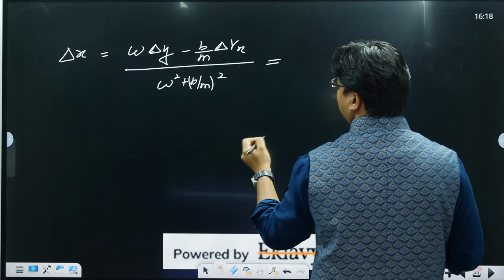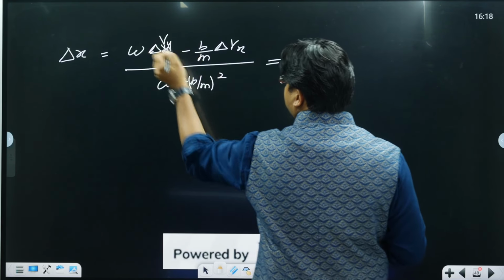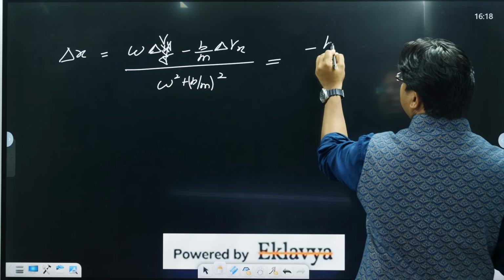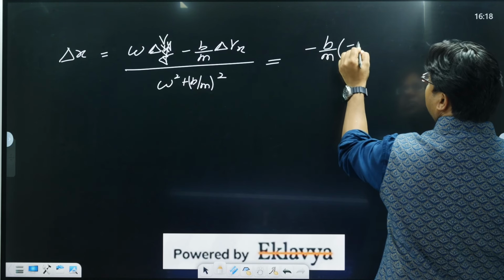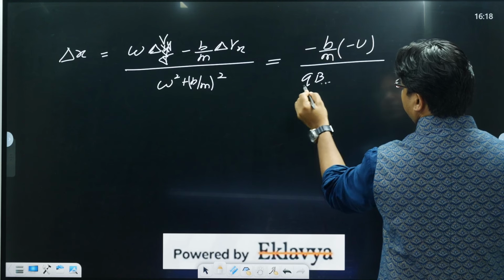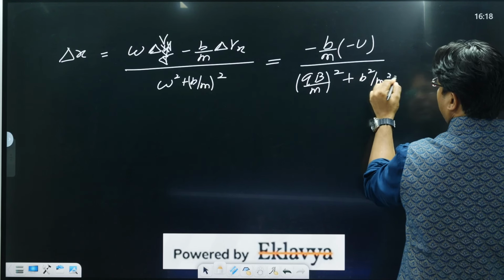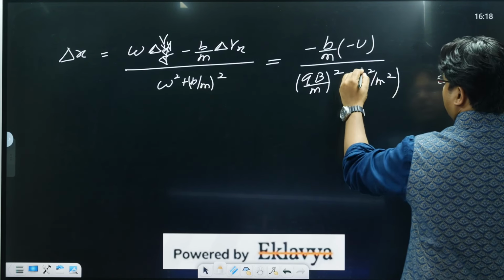Here delta vy is 0. So minus b by m into minus u, divided by omega, that is qb by m square plus b square by m square. So that is delta x.